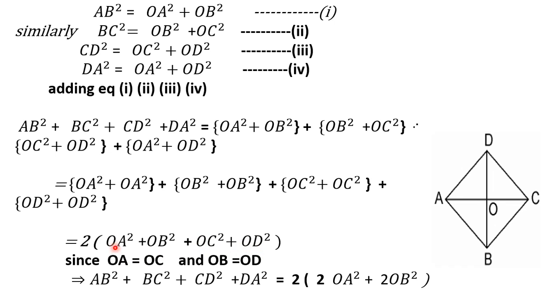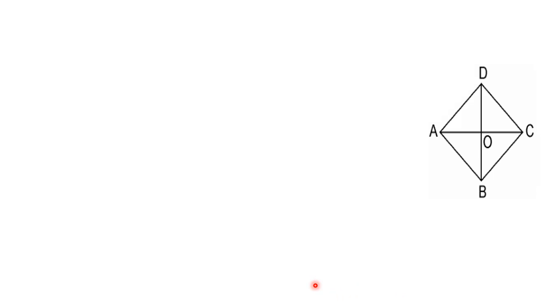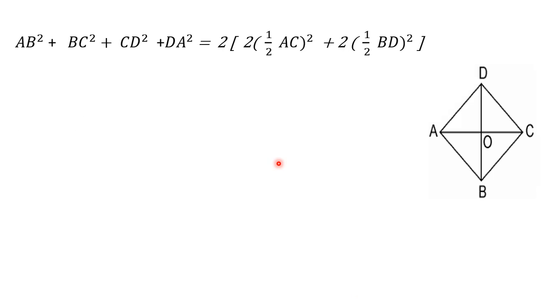So we get OA square plus OB square plus OA square plus OB square, that is twice of OA square plus twice of OB square.